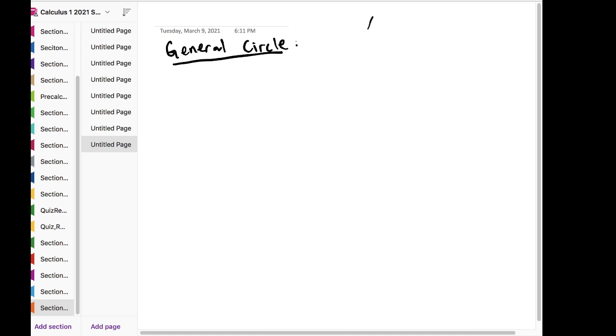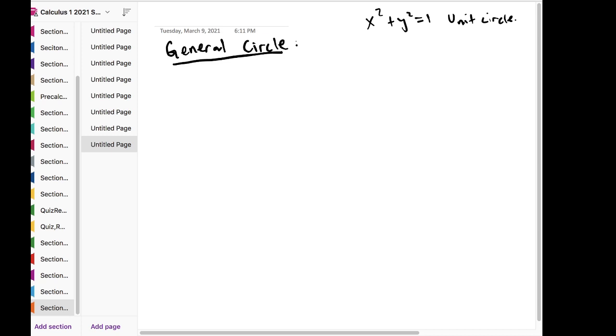If x squared plus y squared is equal to 1 is the unit circle, how do you generalize that to any center, any radius? Yeah, good.